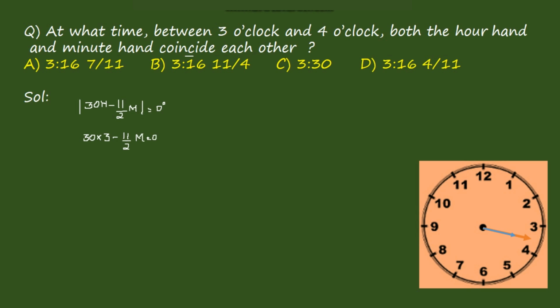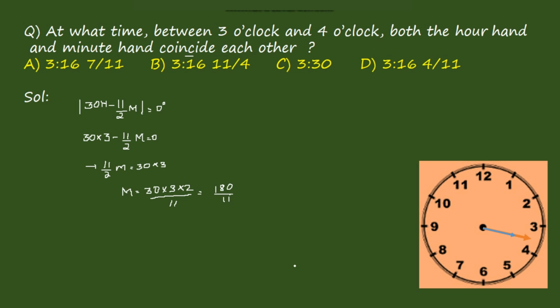m is equal to 0, which implies 11 by 2 m is equal to 30 into 3. Then m is equal to 30 into 3 into 2 by 11, which is 6 threes are 18, so it becomes 180 by 11.